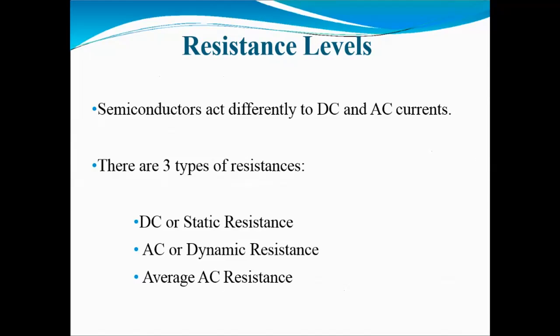Static means constant, that's all. Dynamic resistance means it is variable resistance. So that's why AC, alternating current, or dynamic resistance, the current will change according to our requirement. But in case of DC or static resistance, it is constant. There is no change at all.